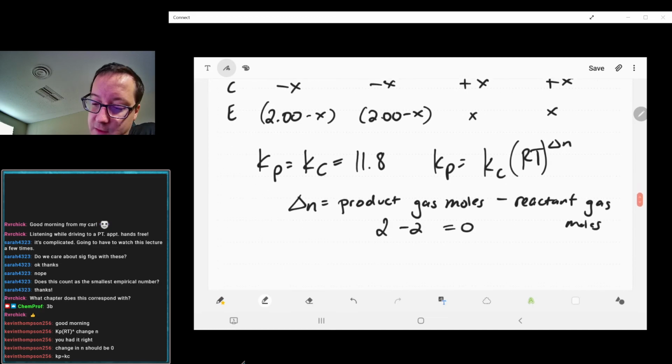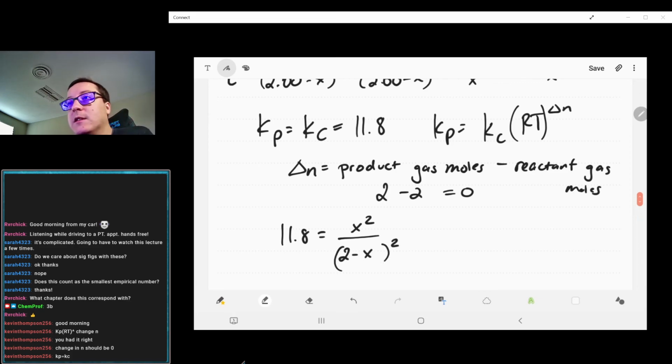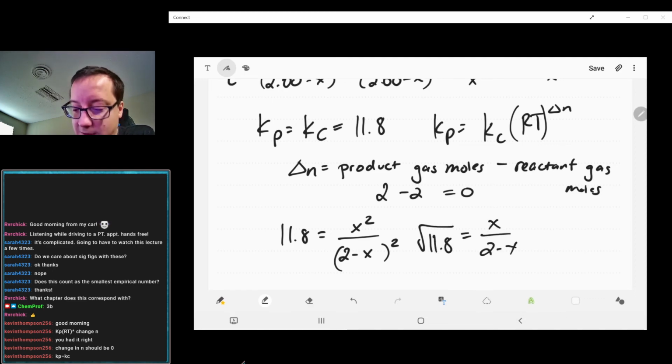So doing all this fun stuff, we get 11.8 equals x squared over (2 minus x) squared. Thankfully, this is easier to solve than our previous ones because we can just take the square root of both sides. Now that we have everything squared on one side, we can say that root 11.8 equals x over 2 minus x. Just square root both sides.